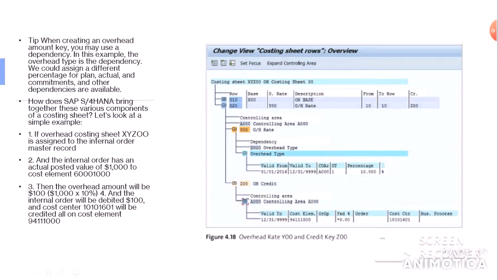We have even a tip for this. When creating an overhead amount key, you may use a dependency. In this example, the overhead type is the dependency. We could assign a different percentage for plan, actual, and commitments, and other dependencies are available.